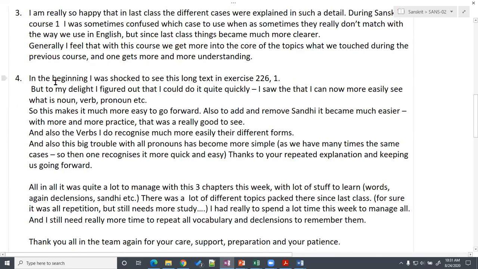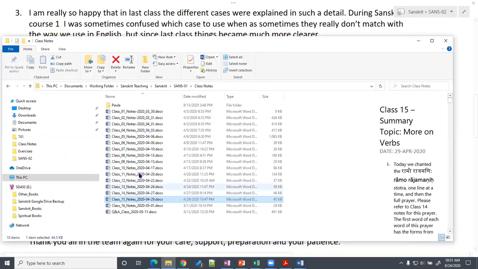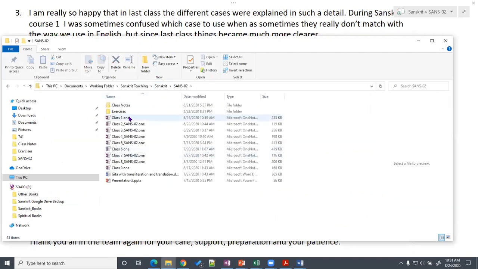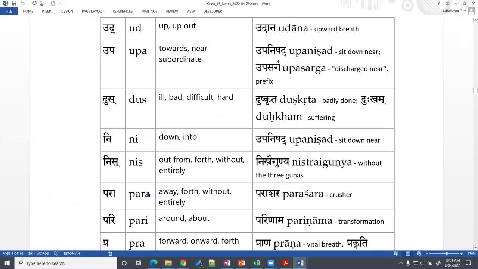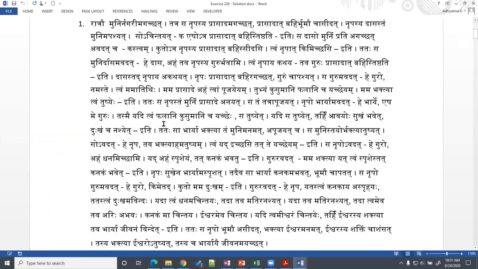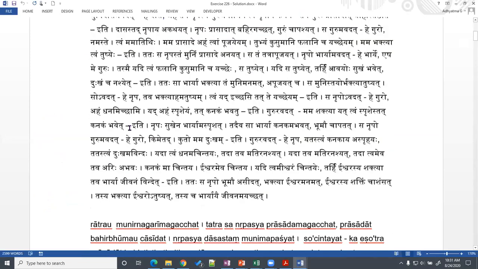So this is another comment here. In the beginning, I was shocked to see the long text in exercise 226.1. Indeed, 226.1 was a long exercise, and this was the text in 226.